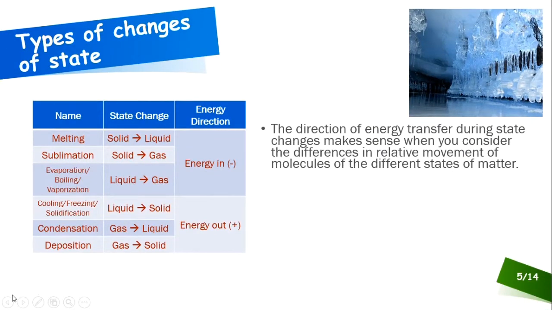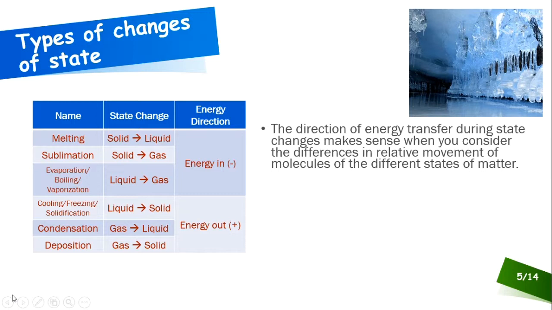There are specific names for each of the different types of state changes that we could experience. But the direction of that energy transfer makes sense when you consider the differences in relative movement of the molecules for the different states of matter. So gases having more energy, the molecules and the atoms are going to be moving around much faster than they are in the solid state.